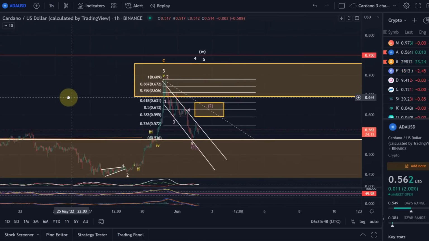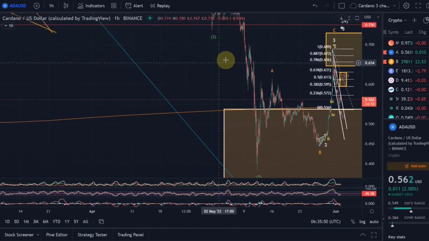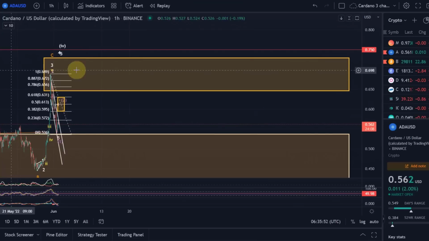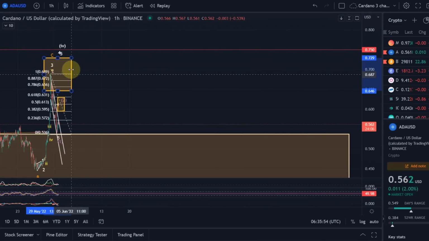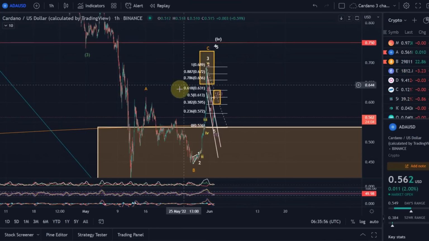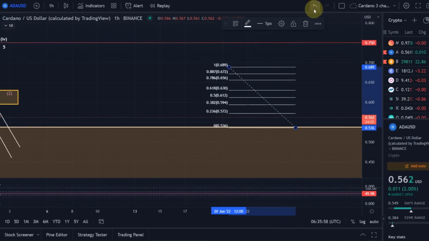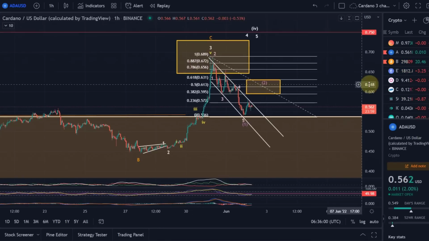So what we need to do to remove the confusion, I make that area a bit smaller, indicating we could have already reached it. That we moved down, that we're now coming up in this wave 2. So this would be between 59.5 cents and 63.1.